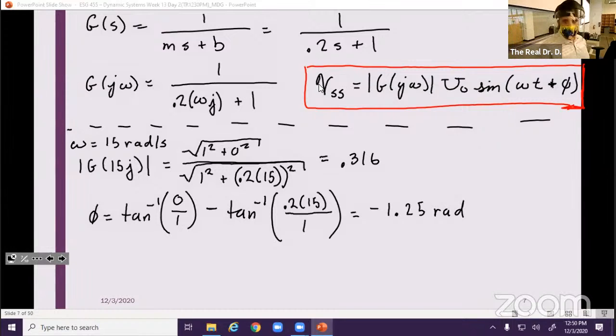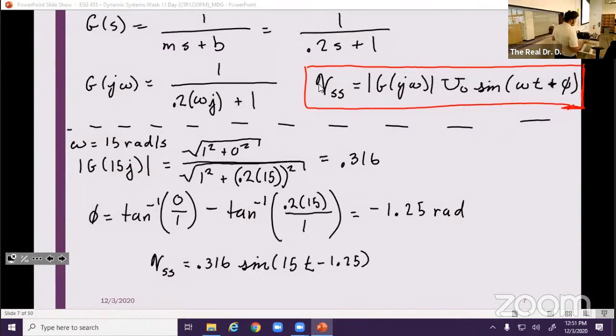Right, so now that we have those, I can say that my VSS for omega equal to 15 radians per second is equal to 0.316 times U of 0, which was just 1, because my initial input was just sine omega t, times the sine of 15t plus negative, so minus 1.25.